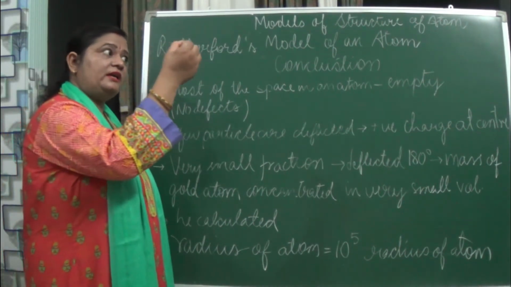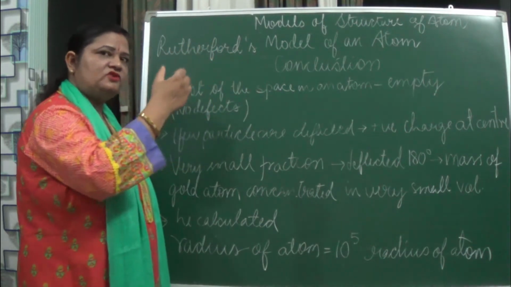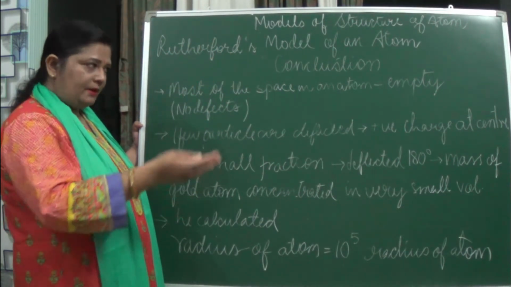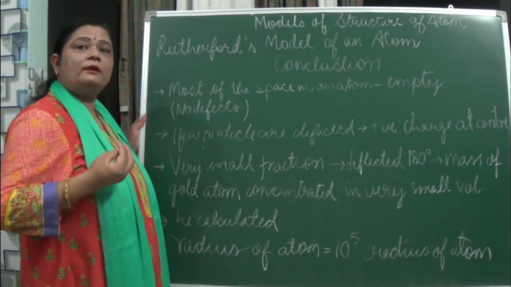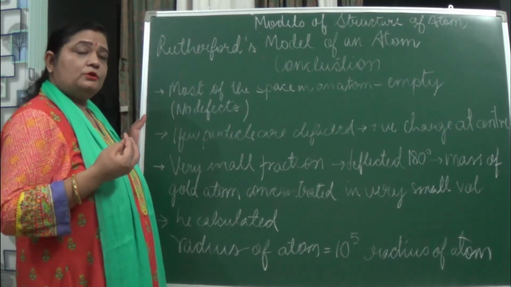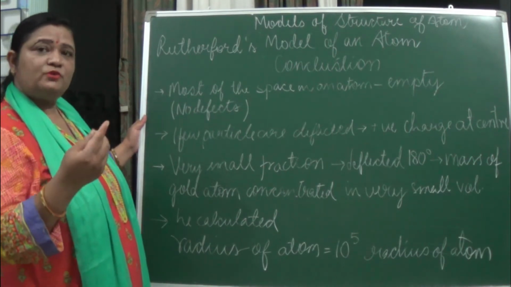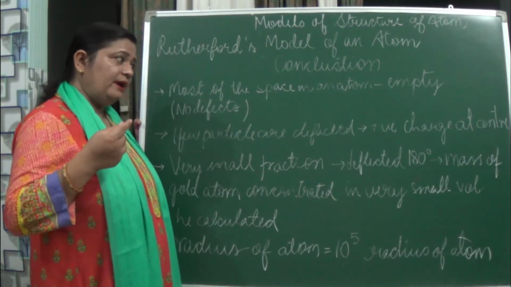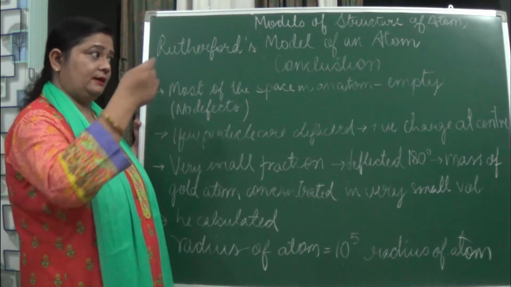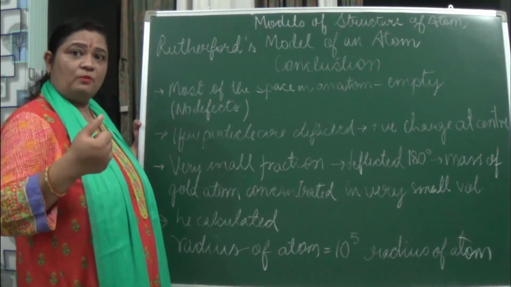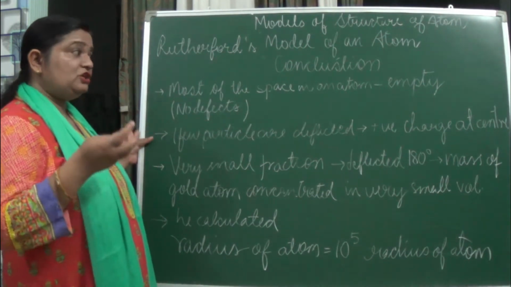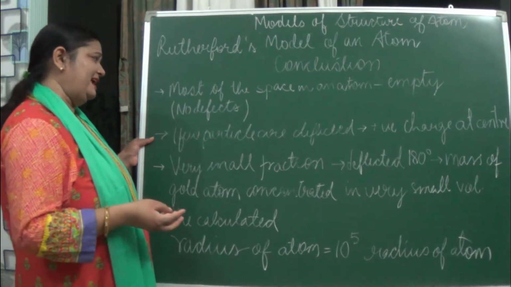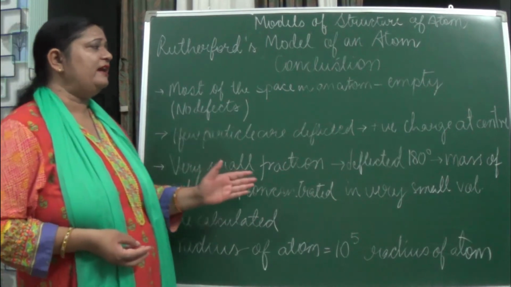If it is striking or going near a positive charge, it will be coming back, isn't it? Or it will be rebounding back. So both: one is where it is being deflected by some small angles, and another is it is rebounding back.